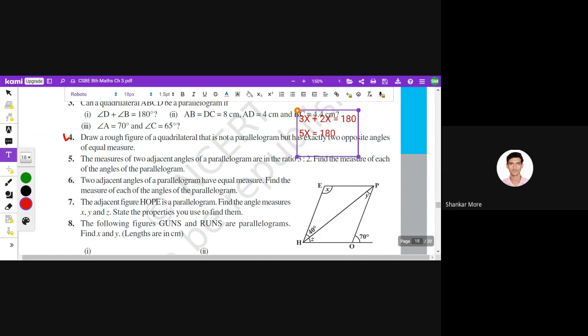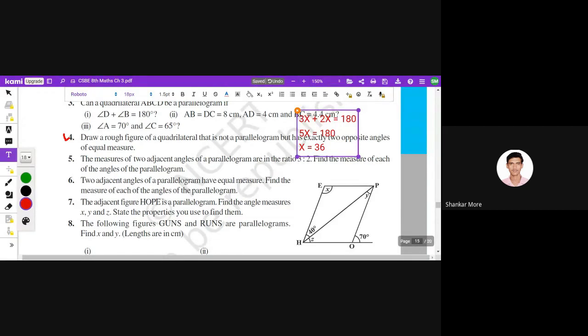Then x is equal to how much? 36. Yeah, x is equal to 36. So is that our answer? No, it's not. So what is our answer?